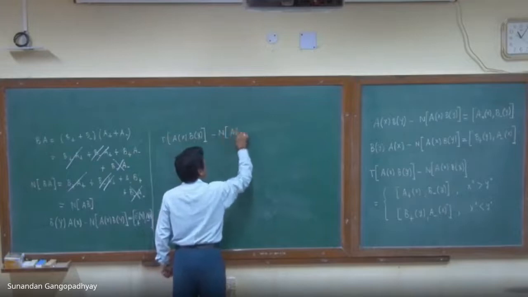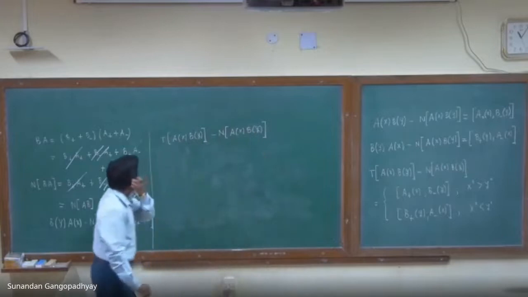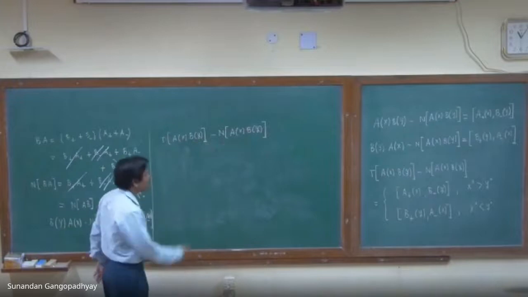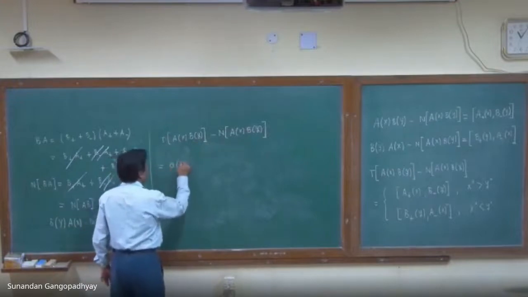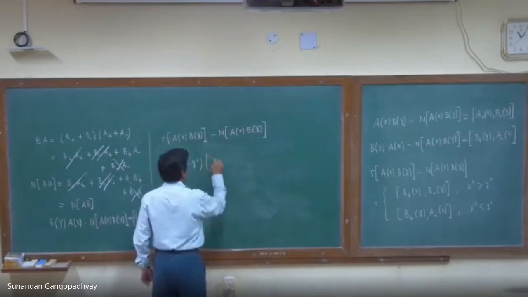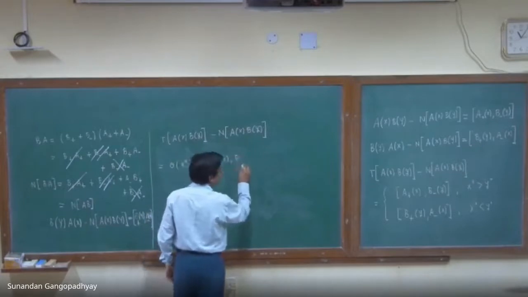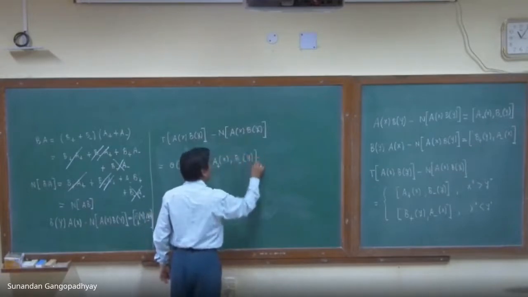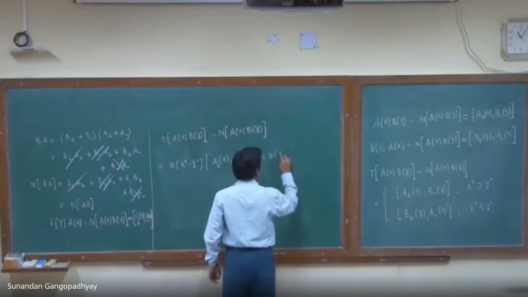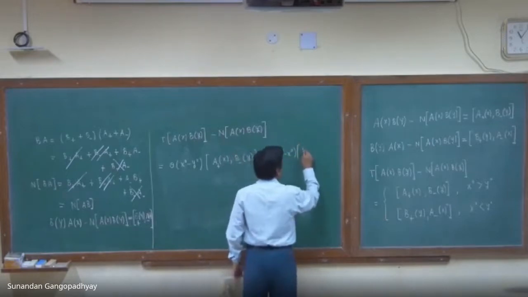So when you subtract the normal order form from the time order form, you can write this as theta x naught minus y naught, then we have a plus x commutator with b minus y, plus theta y naught minus x naught, the other commutator.